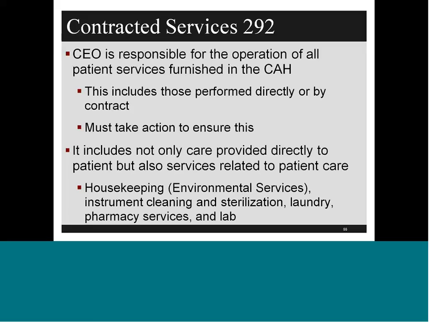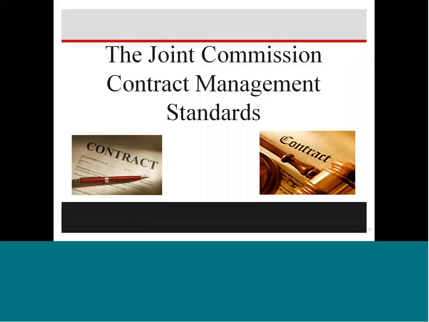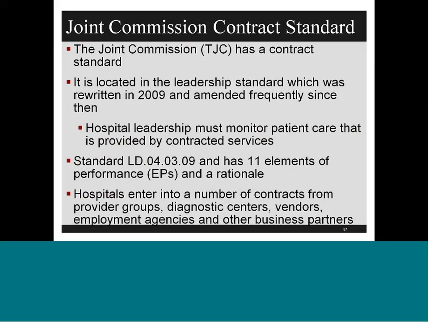So again, housekeeping, instrument cleaning and sterilization if you outsource that, laundry, pharmacy services, lab. So you can see that that's kind of a shortened version of what is in Appendix A for critical access hospitals. So now let's look at the Joint Commission management standards.